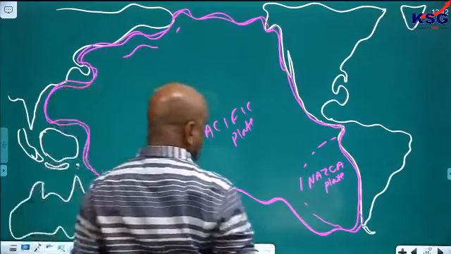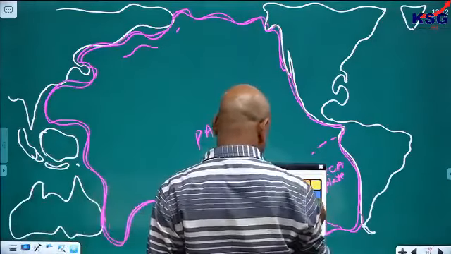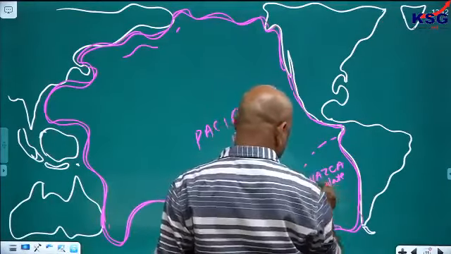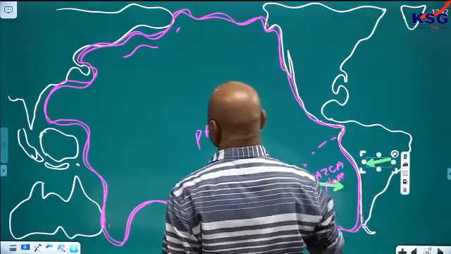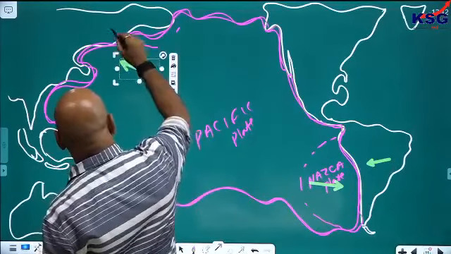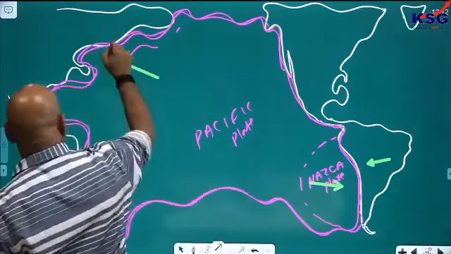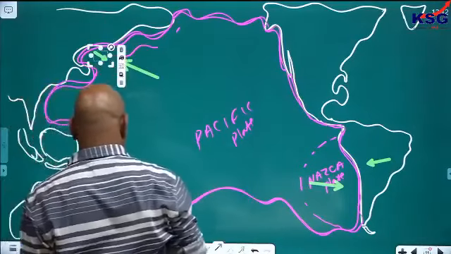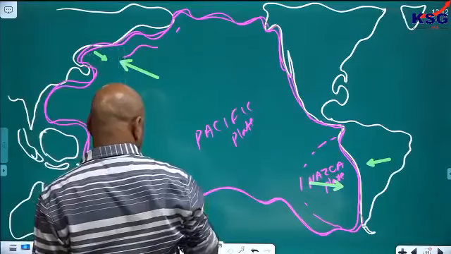You see, this side the plate here is going in this way. This side the plate is going in this way. Here you have divergence.